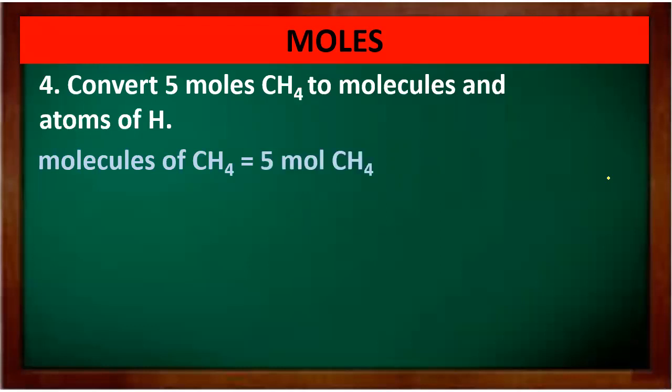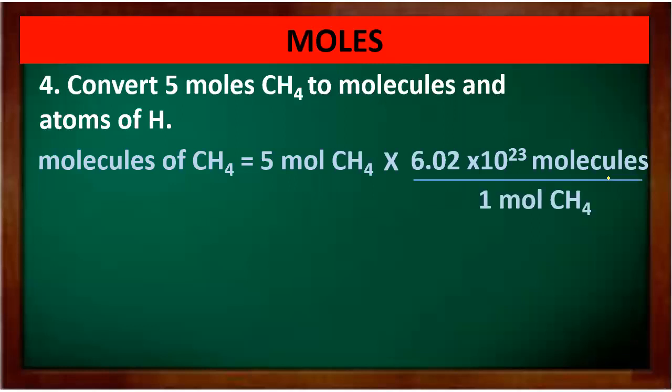5 moles of methane. So, here, gagamitin natin yung constant natin, yung Avogadro's number. So, since molecule ang hinahanap, so the unit of our Avogadro's number will be in molecules. So, 6.02 times 10 to the power of 23 molecules for every 1 mole of methane. Okay? So here, we can also cancel out natin ang methane times methane.